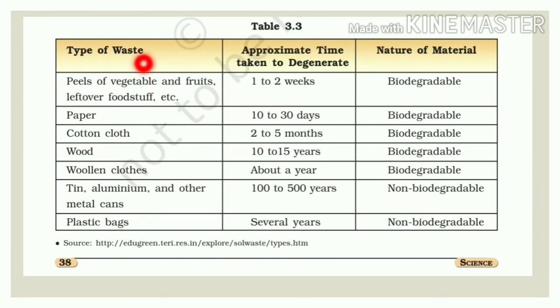This is the types of waste, approximate time taken to degrade or degenerate, and nature of the material. So all of these are the biodegradable type of waste. But plastic bag, it will take several years to decompose and it is not even biodegradable. Hence, it will affect our environment on a large scale.